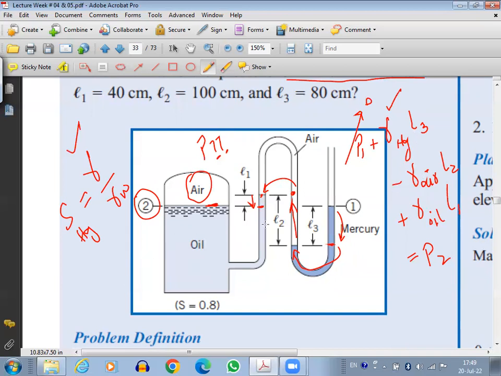For this oil, the specific gravity is already given, 0.8. The diagram may be given. So L3 is known.